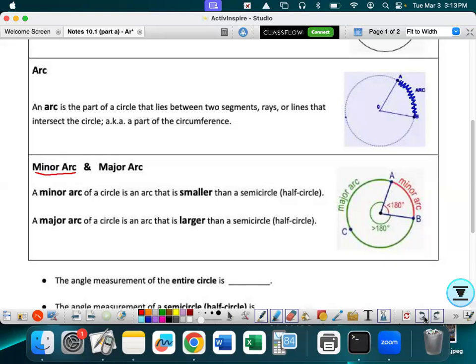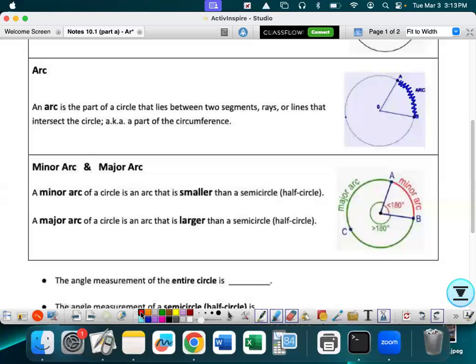The major arc, which I have to say the word major if that's the one that I'm talking about, will be the larger distance between them. In terms of our notation, because there is notation with this, I would call this the minor arc over there.